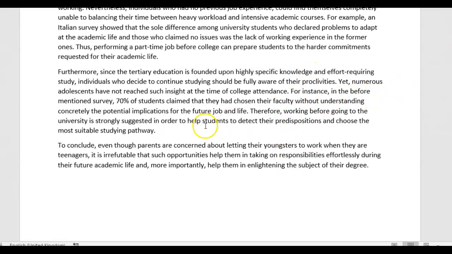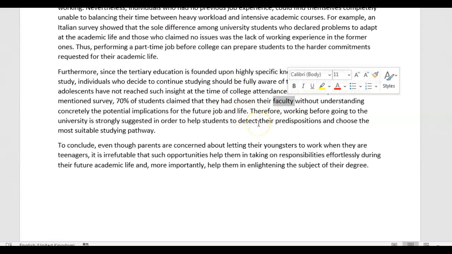For instance, in the before mentioned, you can say the previously mentioned surveys, not before mentioned, aforementioned survey, 70% of students claim that they have chosen the faculty without understanding concretely the potential implications for the future job and life. Well, this is a very nice sentence, but we wouldn't say faculty in English.